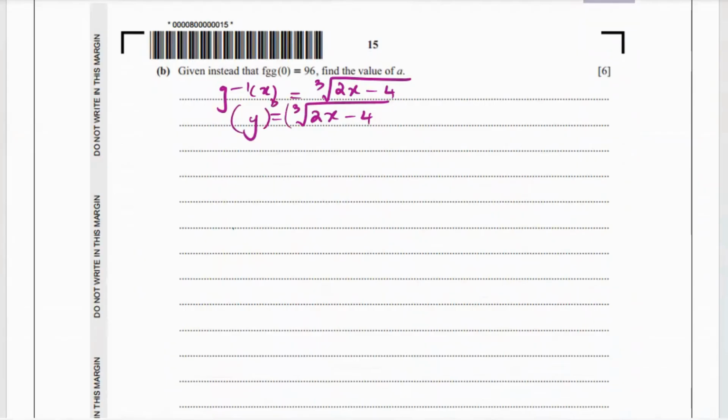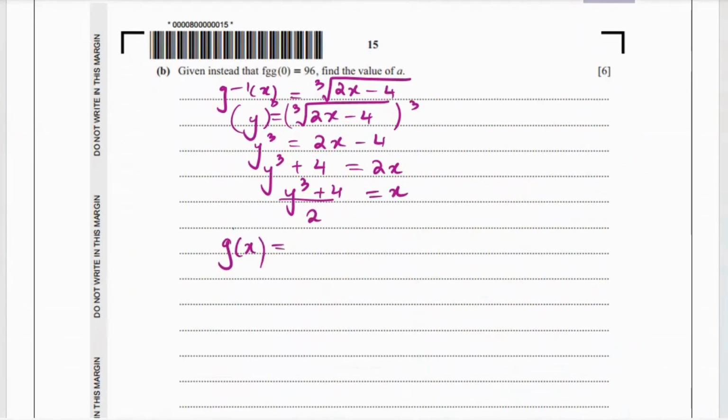We will cube both sides. So that's going to be y cube equals 2x minus 4. Add 4 to the left-hand side. So that's going to be y cube plus 4 equals 2x. Y cube plus 4 divided by 2 is x, which means g of x is going to be x cube plus 4 over 2.